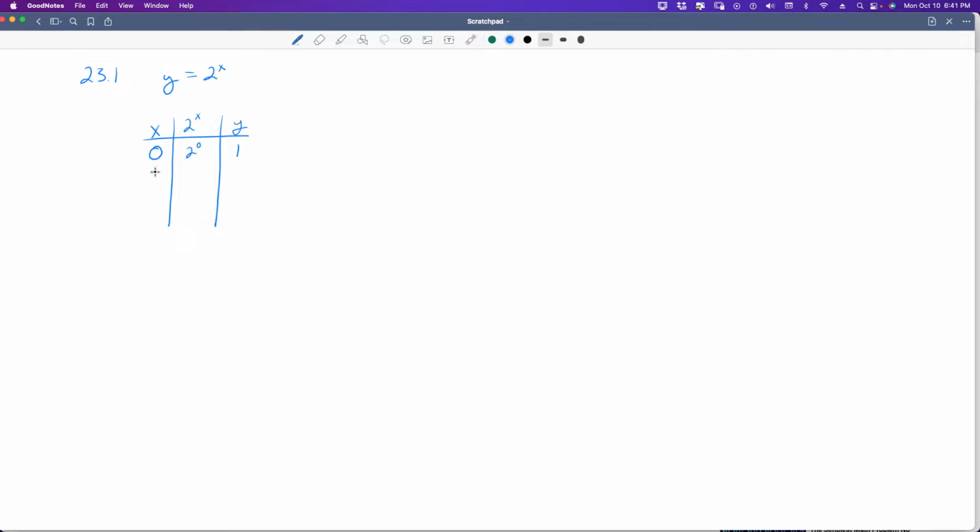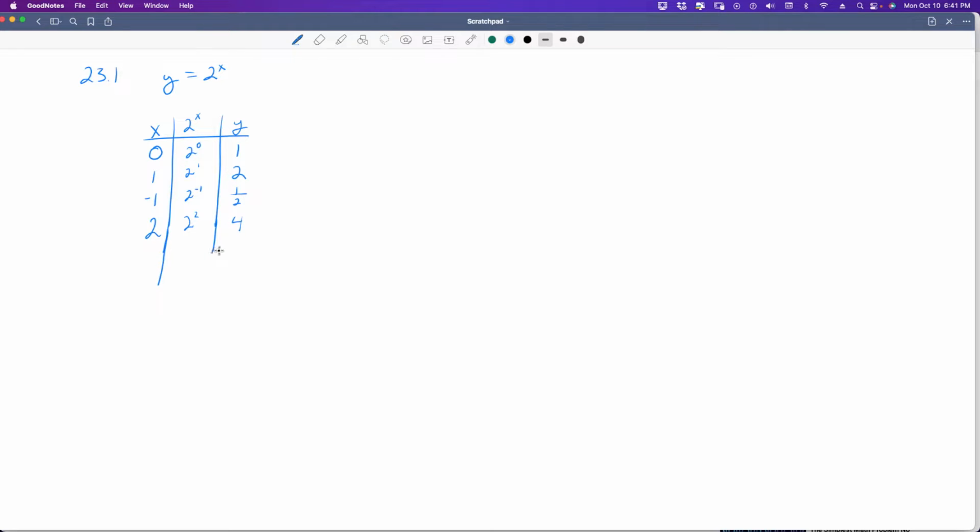So let's say we pick 1. That's another easy one. If we put 2 to the 1, then it's just going to be 2, right? Well, what about -1? We could do 2 to the -1, and we know that would just be flipping it and making it the reciprocal, so that'd be 1/2. And if we did 2, we know 2 is an easy one to calculate. 2 to the second power, we know that would be 4.